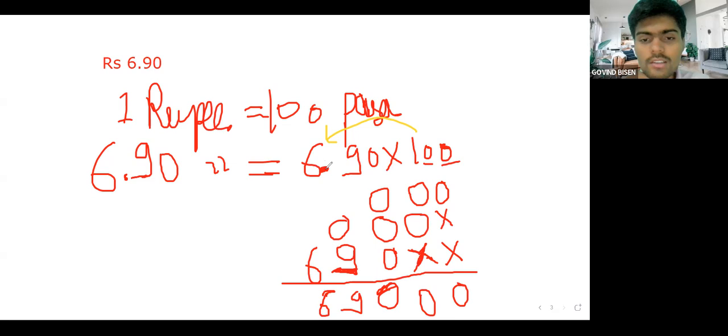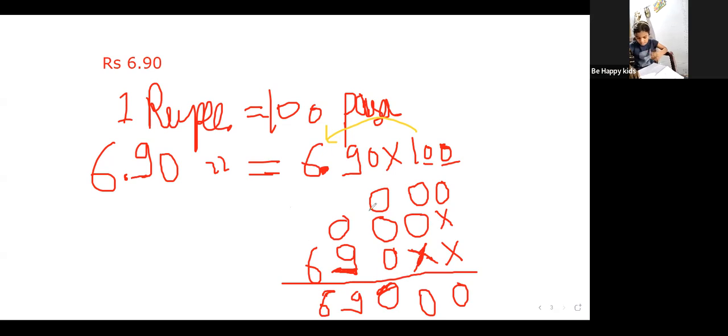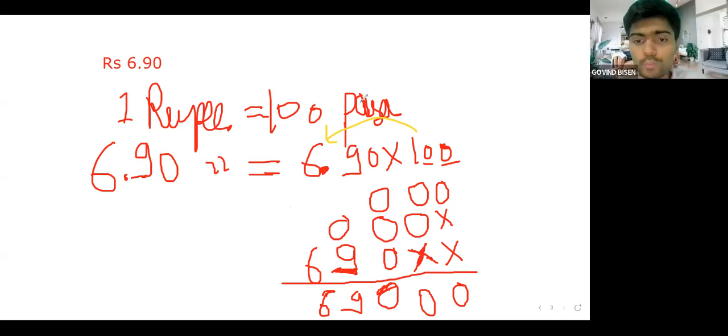Okay. So how many places are there after this decimal? I'm writing with green letters, right? So after the decimal, how many digits are there on the right side?